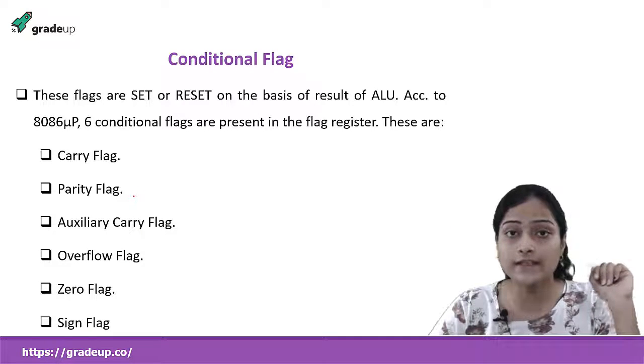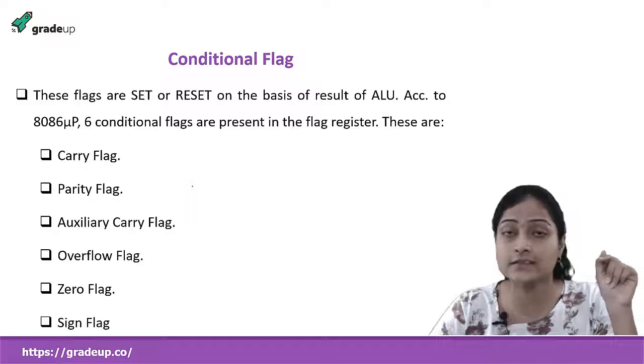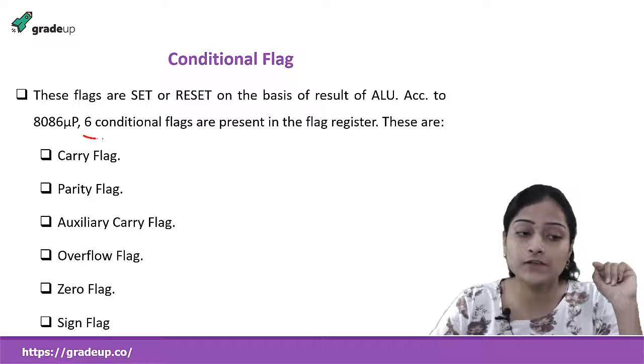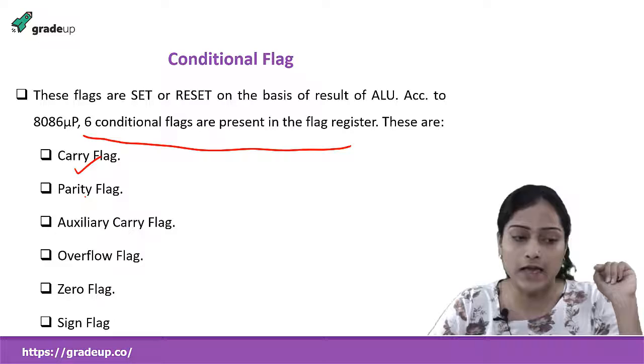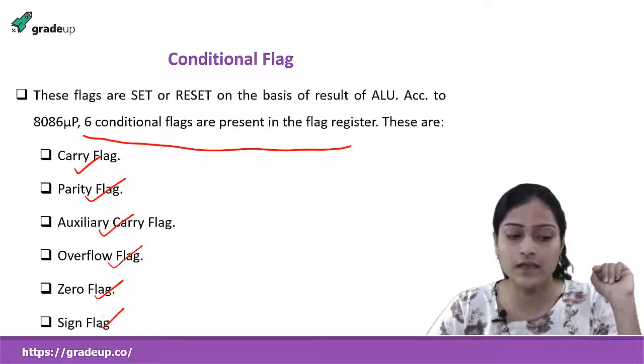According to the 8086 microprocessor, there are 6 conditional flags which are present in my flag register, which are carry flag, parity flag, auxiliary carry flag, overflow, 0, sign.